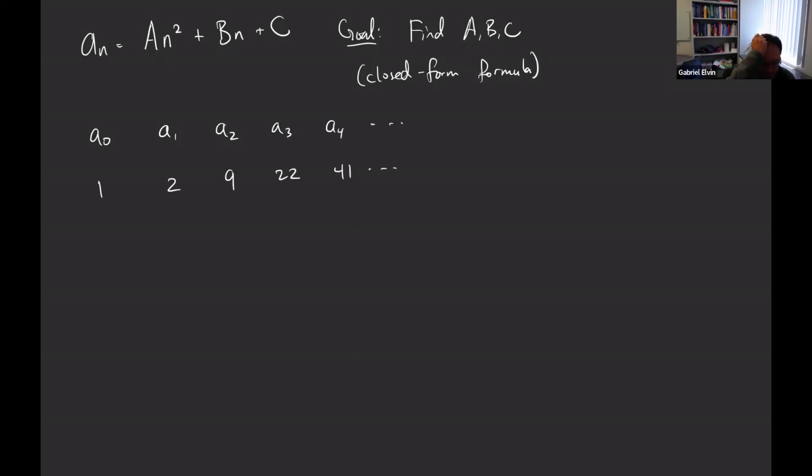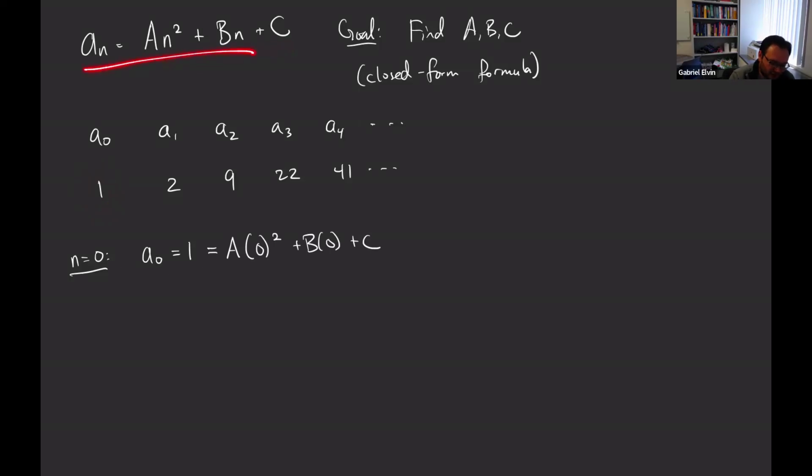What we can do is start plugging values into this formula. When n is equal to 0, what do I get? Well, a sub 0 is just 1. I know that the first term in the sequence is 1. But if I use the formula with these coefficients, I can plug in these values because I know this must be true.